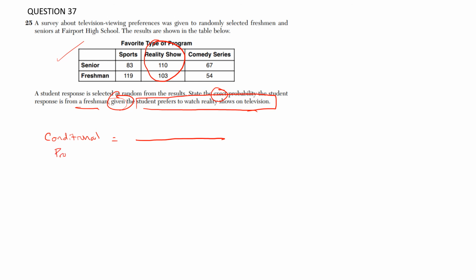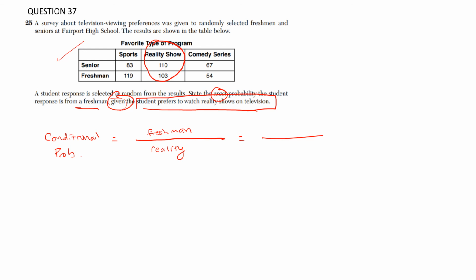Okay. The conditional probability will be response is from freshman, divided by, so that's given, you would do a division, given the student prefers to watch reality shows. So given reality. Okay. Well, this is pretty simple. We want a student response that's a freshman given reality.